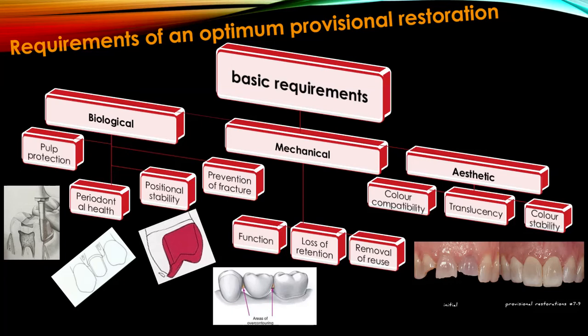And when you remove it, it should not be fractured easily. That is, you can reuse this temporary if you need. So the provisional restoration should have the ability to be reused again after you remove it from the tooth to which it is cemented.